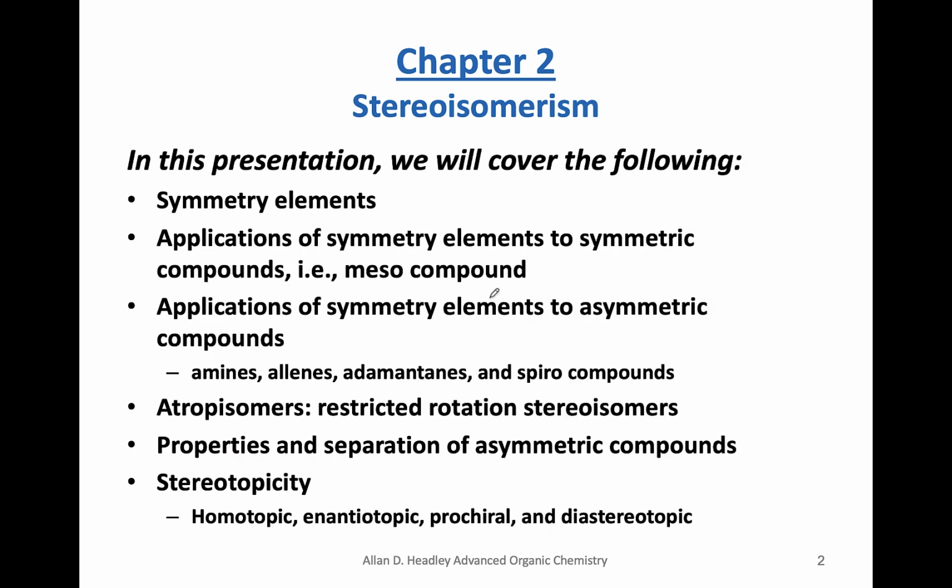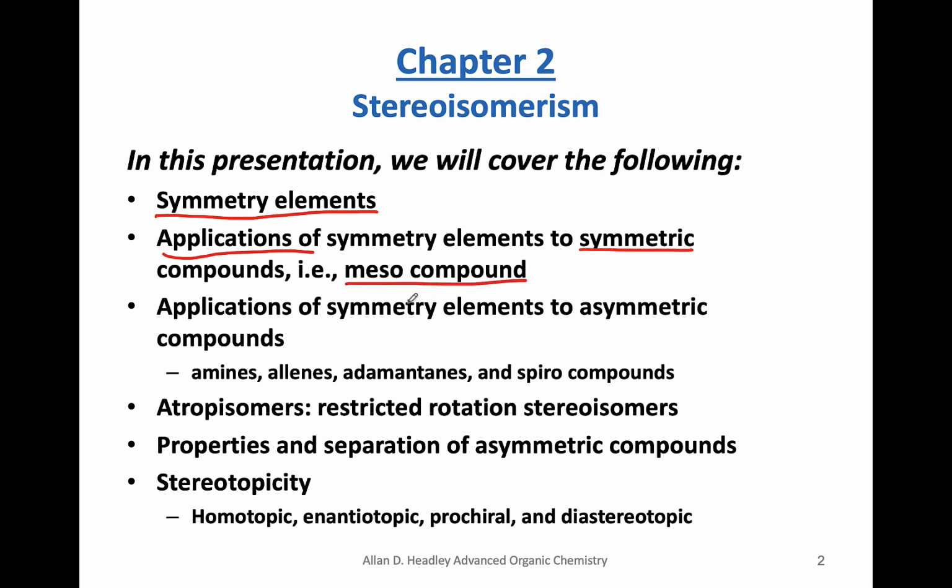In today's presentation, we'll cover the following. We'll look at symmetry elements. As we'll see, these are elements that are very helpful in determining if a molecule is optically active or not. We'll apply those elements to symmetric molecules, and the one in particular will be the meso compound.